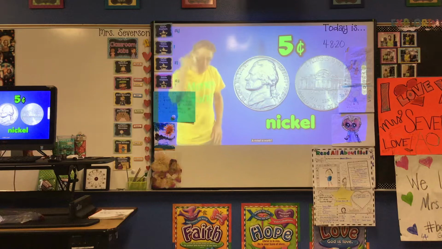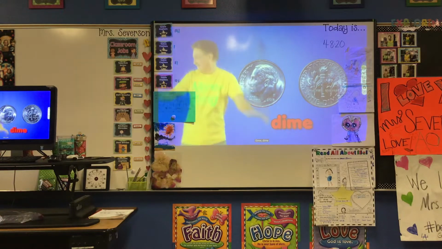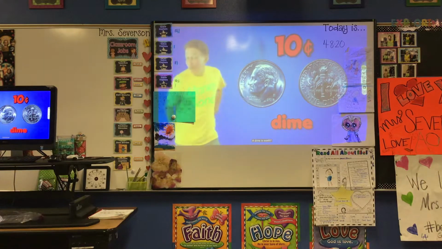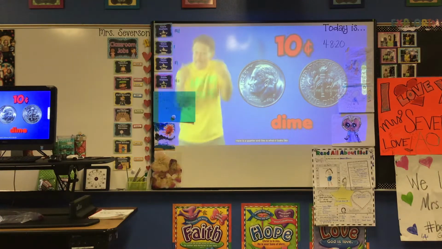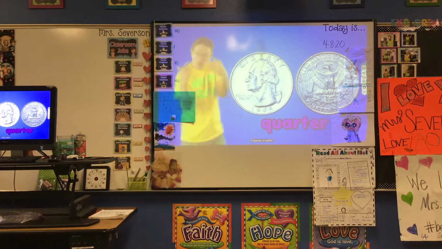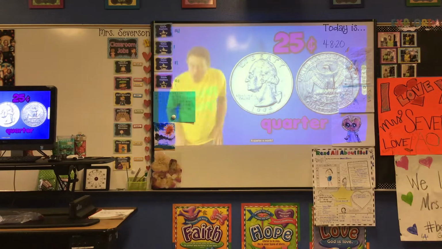Here is a dime, and this is what it looks like. Dime, dime, a dime is worth 10 cents. Here is a quarter, and this is what it looks like. Quarter, quarter, a quarter is worth 25 cents.